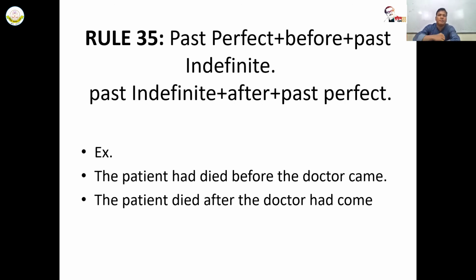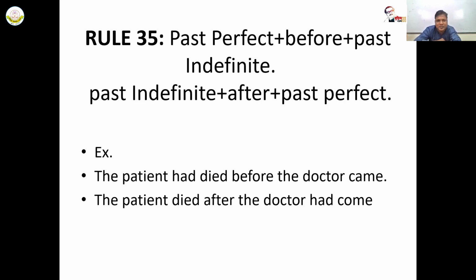And now rule 5. This rule is also called the rule of before and rule of after. There are shortcut rules also. In the class, I always refer to before and after.